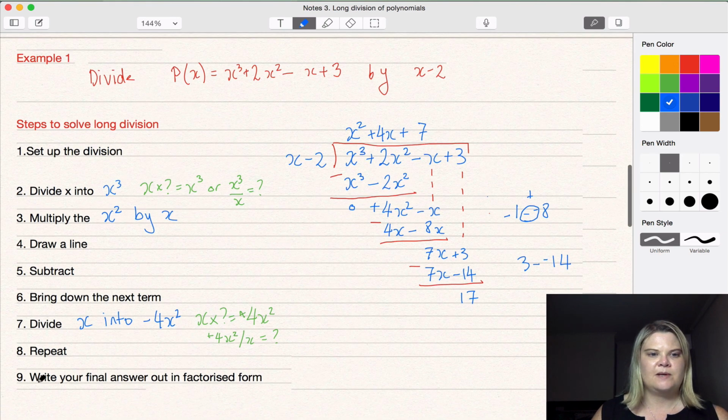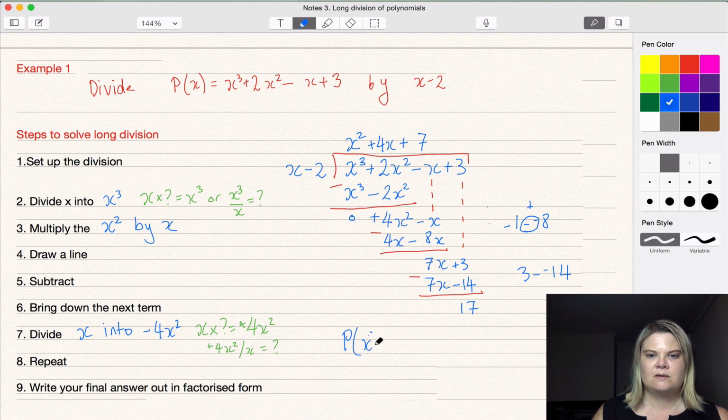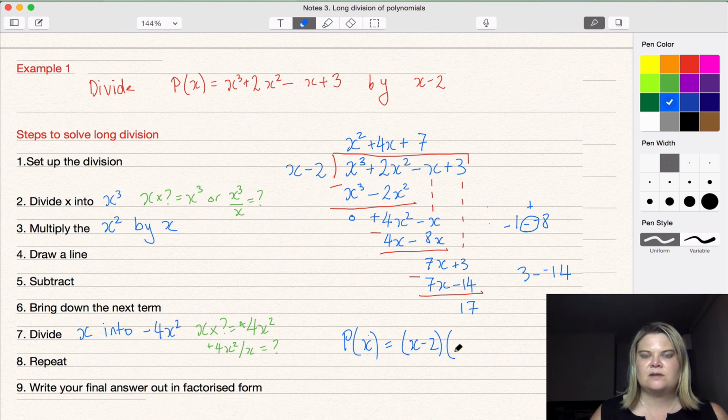So our final step down here says write out your final answer in factorized form. This is how we do it. We can say this whole polynomial equals, so that was called p of x, so I might say p of x equals x minus 2, the divisor, times x squared plus 4x plus 7.